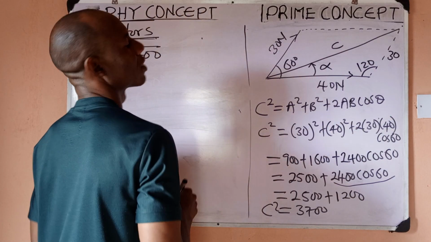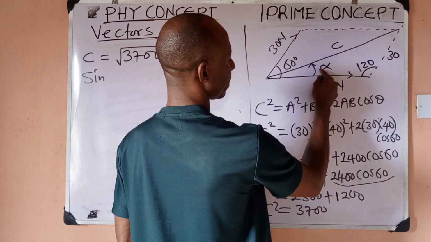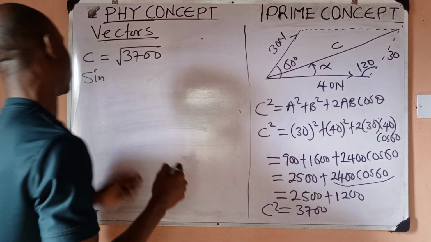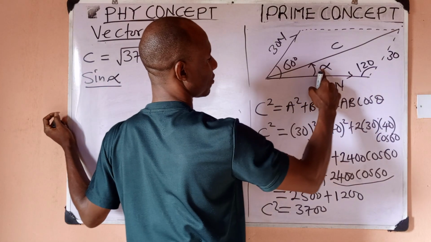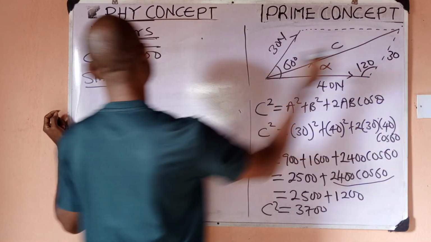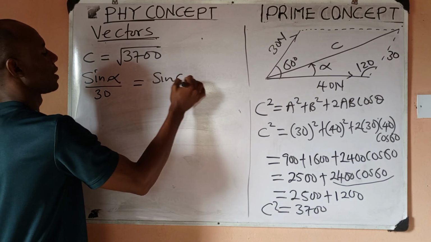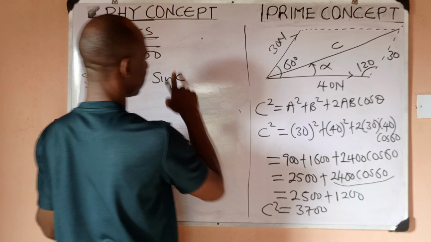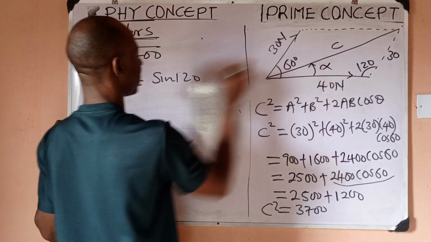That's what this angle would be. So I would say sine alpha divided by the side that faces it, 30, equals sine 120 divided by the side facing it, C.